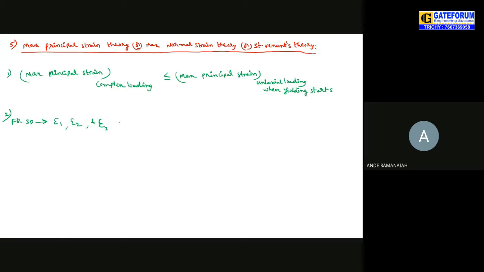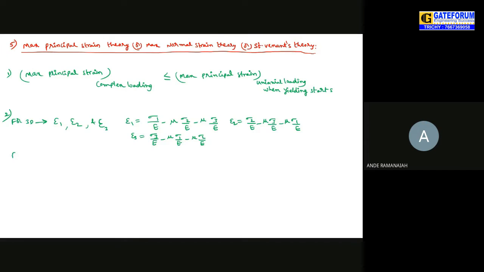Epsilon 1 is equal to sigma 1 by E minus mu into sigma 2 by E minus mu into sigma 3 by E. The principal strain in the second direction is sigma 2 by E minus mu into sigma 3 by E minus mu into sigma 1 by E. And the third one is sigma 3 by E minus mu into sigma 1 by E minus mu into sigma 2 by E. So these are the 3 principal strains.